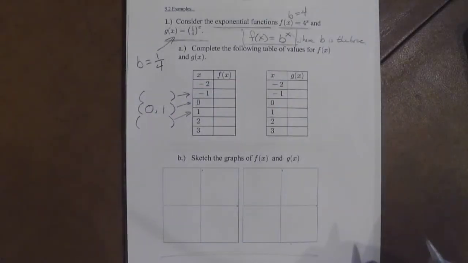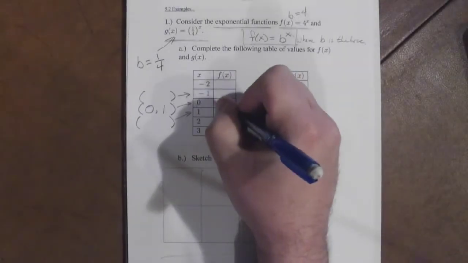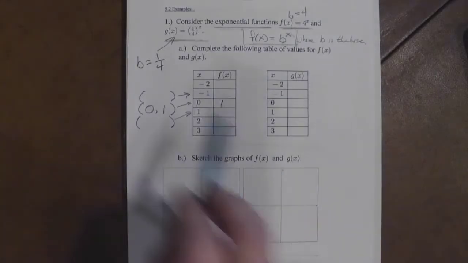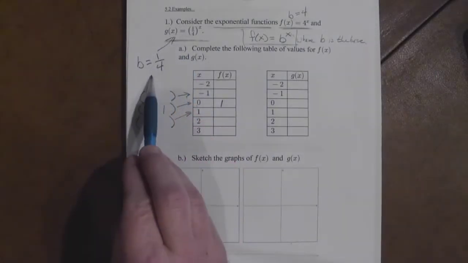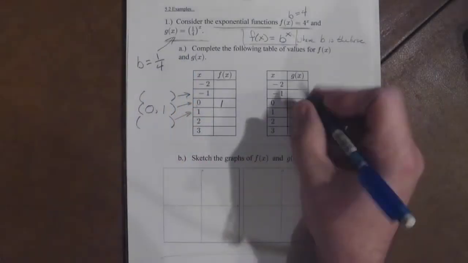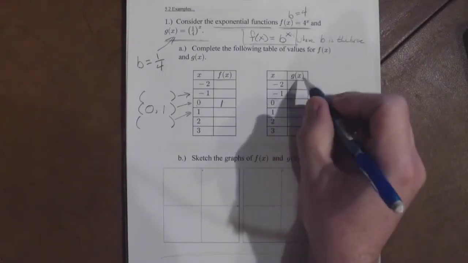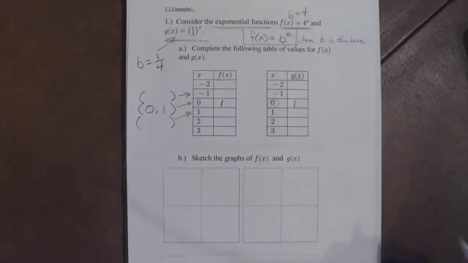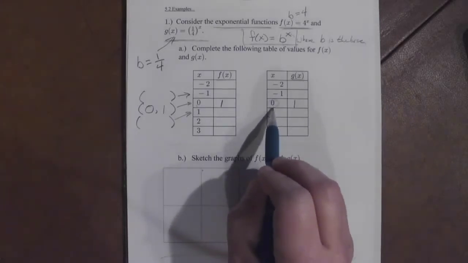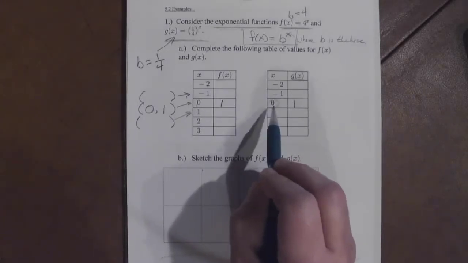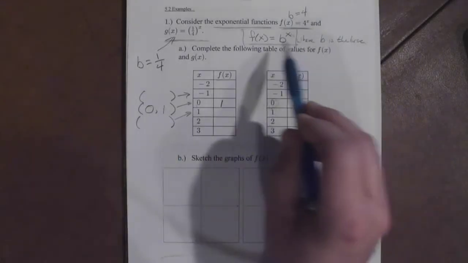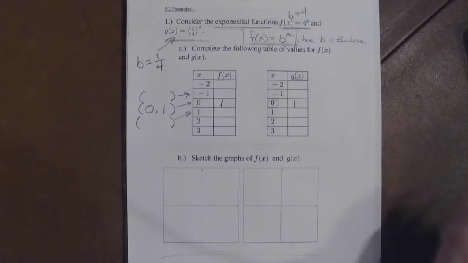So regardless of the simple exponential function, whether it's the function f of x where we have 4 to the x, or whether it's the function g of x where we have b equal to 1/4, even when I plug 0 into g of x, I also get the value of 1 as a value found in the table corresponding to the input, the independent variable of 0, right? 0, 1 is on the graph of every exponential function that fits this form.